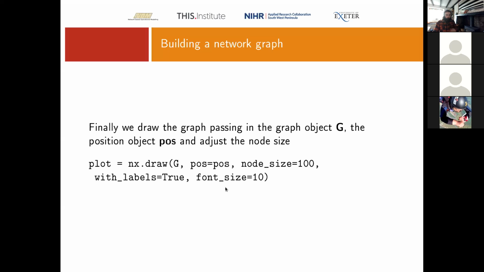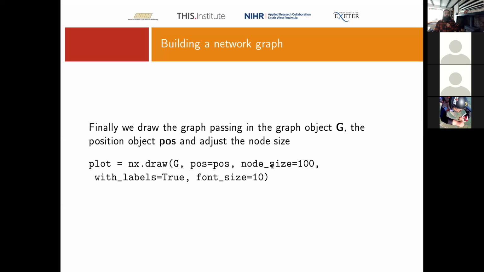So we're going to create our plot by using the function nx.draw. The arguments that we pass into that are our graph object, first of all, G. Then we need to define the position, so for the argument pos, we assign the variable that we created, pos.